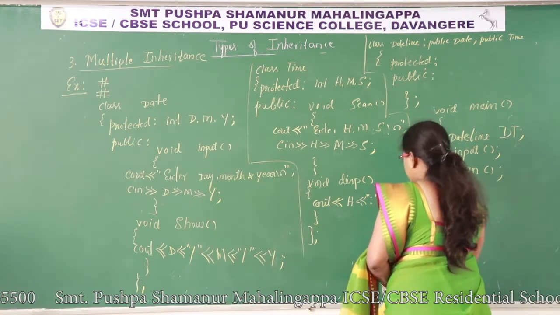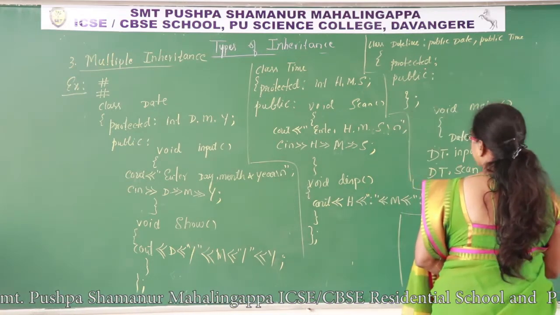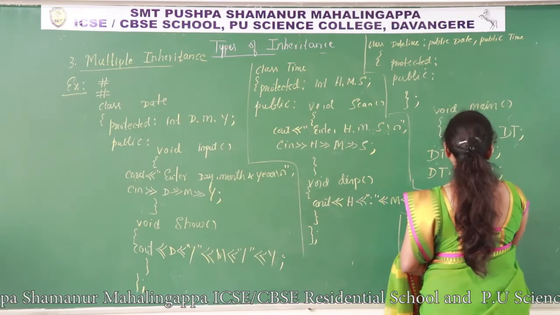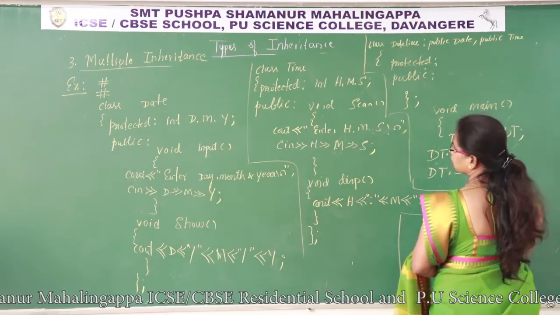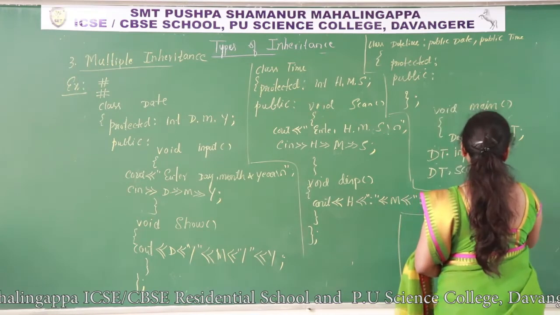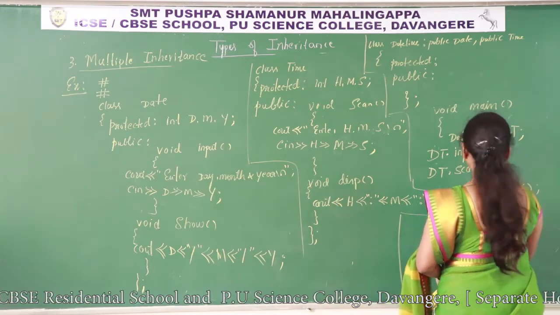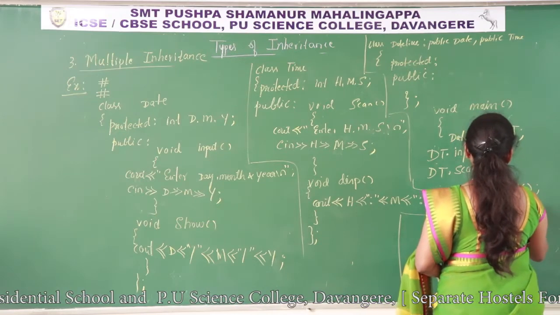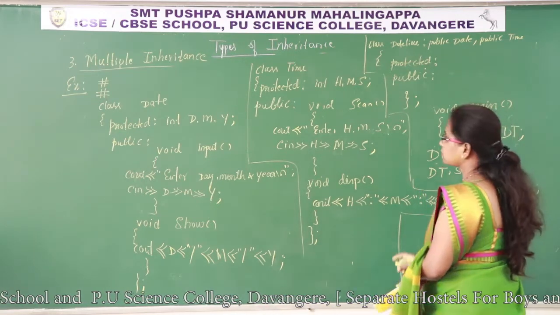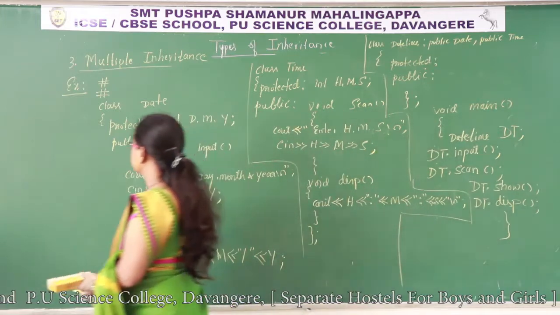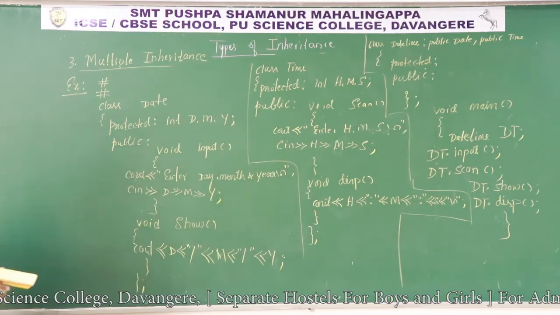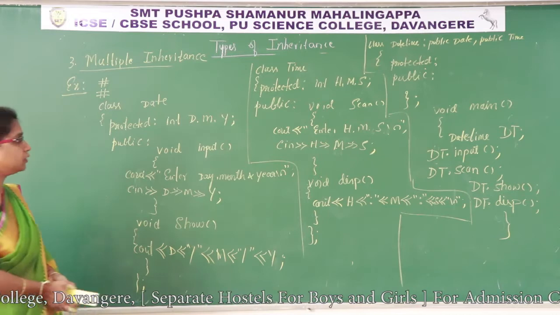First I will call the functions which are meant for input data. Then dt dot show, dt dot disp. So this is an example for multiple inheritance.